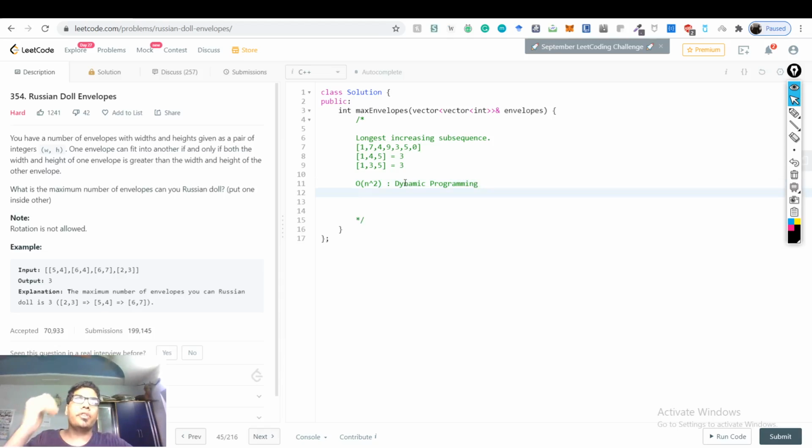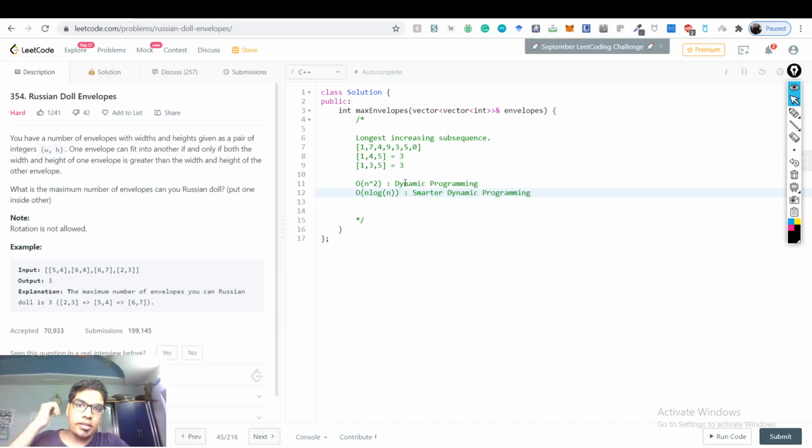The other approach, if you know a little bit about this problem, has a far more efficient solution, which is O of n log n. That is the solution we're going to implement. It's also dynamic programming, but it's smarter dynamic programming, right?